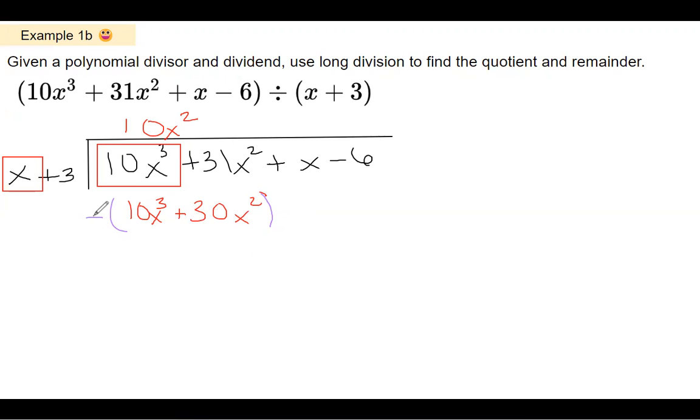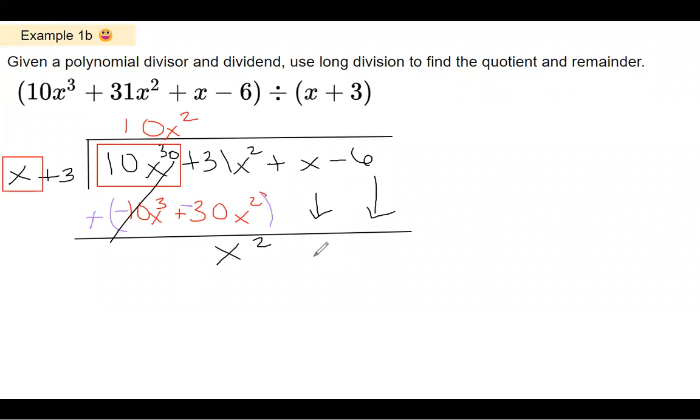So I have now negative 10x to the power of 3 and negative 30x to the power of 2. Okay. Next step. Let's go ahead and combine. So we have 10x to the power of 3 minus 10x to the power of 3, 0. 31x to the power of 2 plus negative 30x to the power of 2, just x to the power of 2. What do we do next?